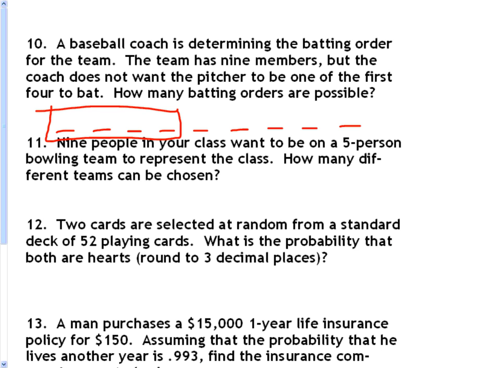Instead of 9 choices, what should we start with? 8 choices here, and then 7, 6, 5, and then here there would normally drop off to 4 choices, but now we can add the pitcher back in, so 5 and then 4, 3, 2, 1. Get the idea? And that's one you couldn't do with other methods real easily. You could do it, but not easily.